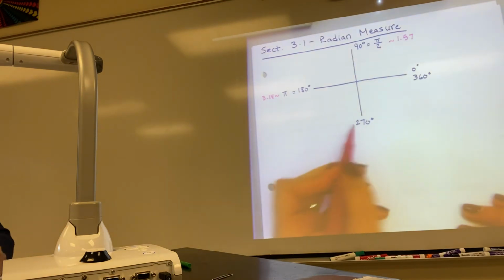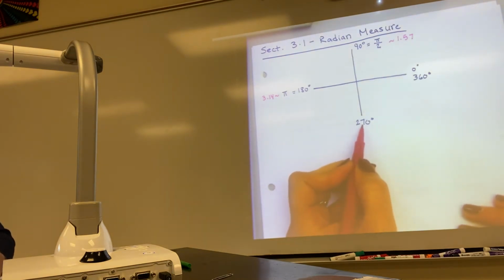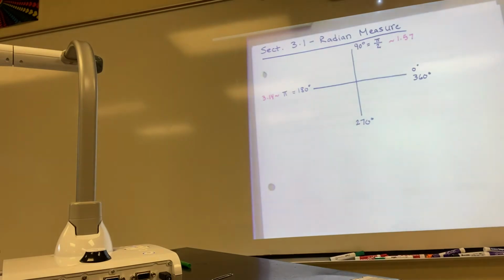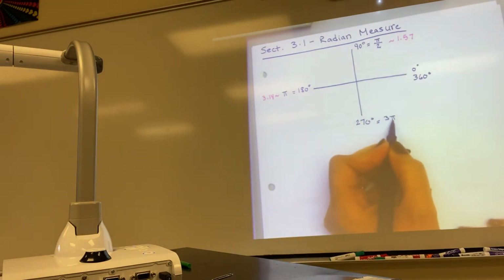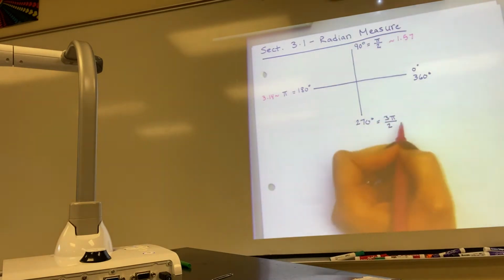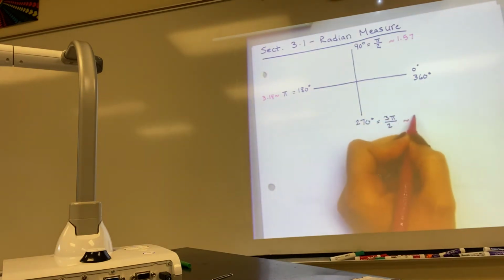When it is 270 degrees, that is the same as 3 pi over 2, which in radians is approximately 4.71.